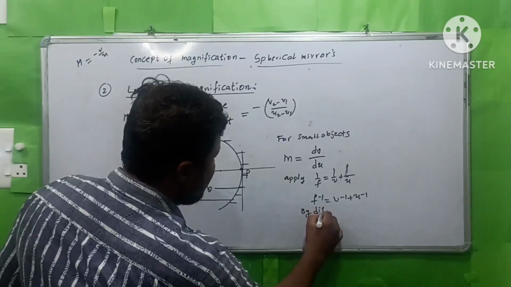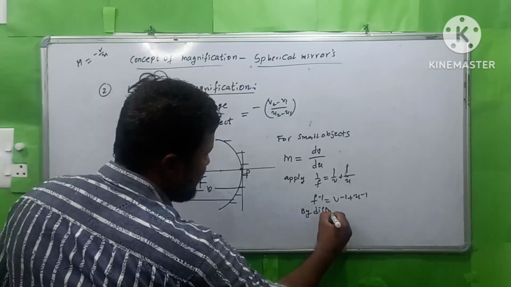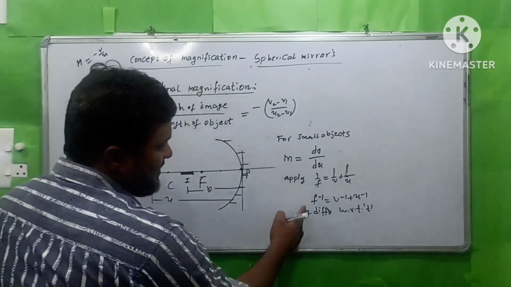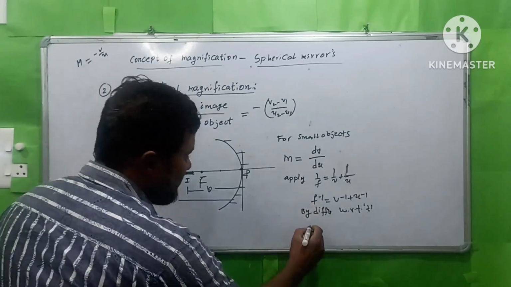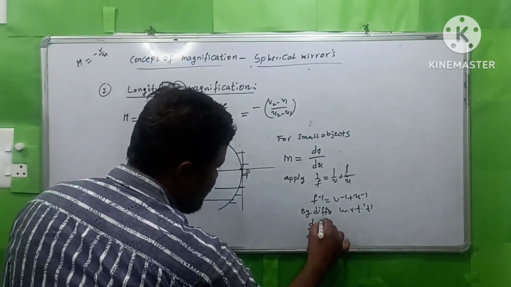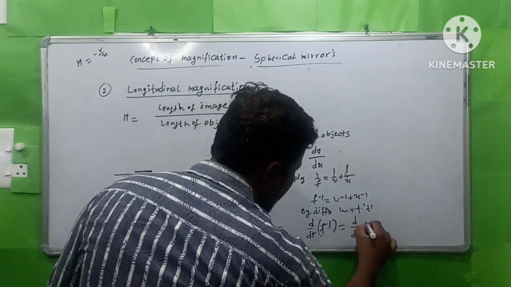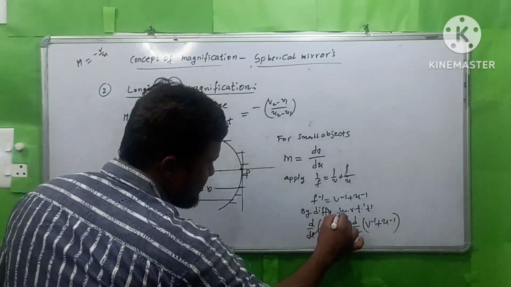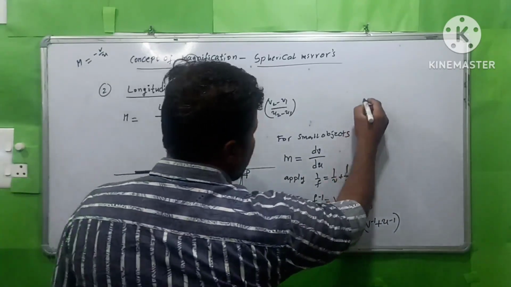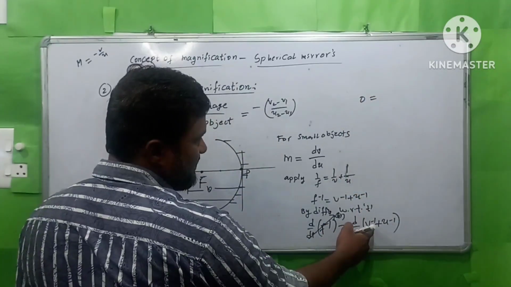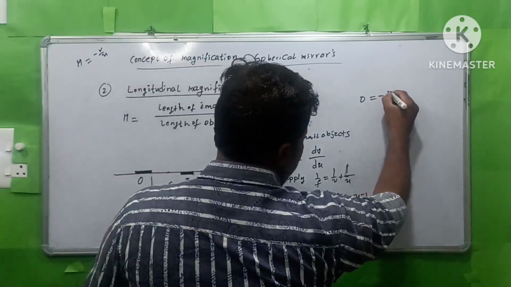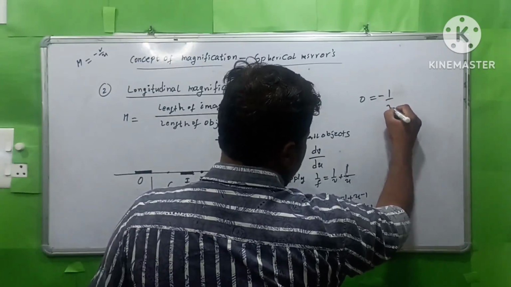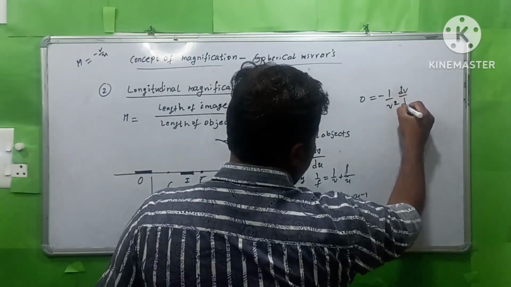By differentiating this equation with respect to time, the differentiation of a constant is 0. d by dt of f inverse is equal to d by dt of (v inverse plus u inverse). The differentiation of the constant becomes 0. So 0 is equal to, if I differentiate this term, minus 1 by v square dv by dt will come.